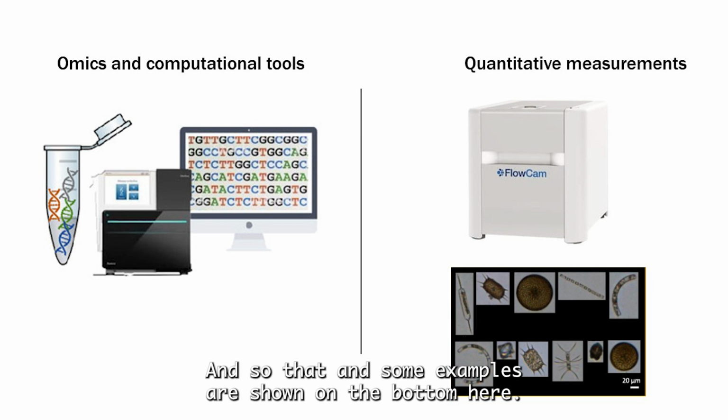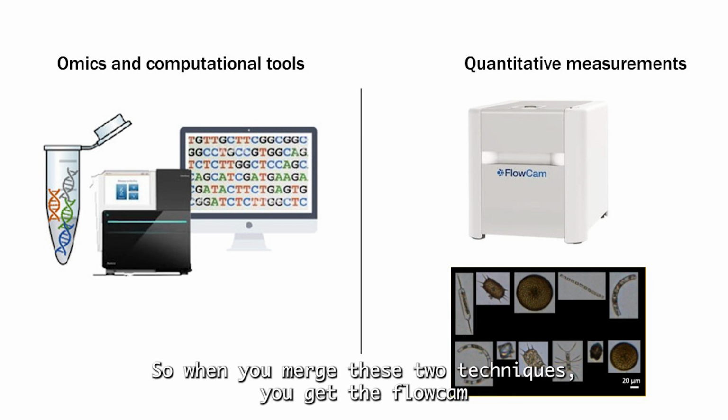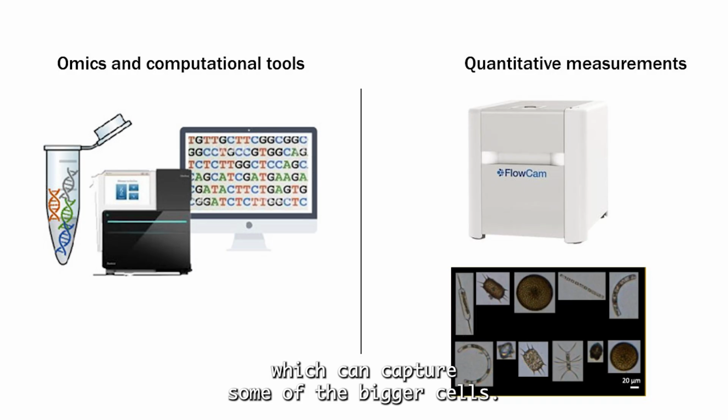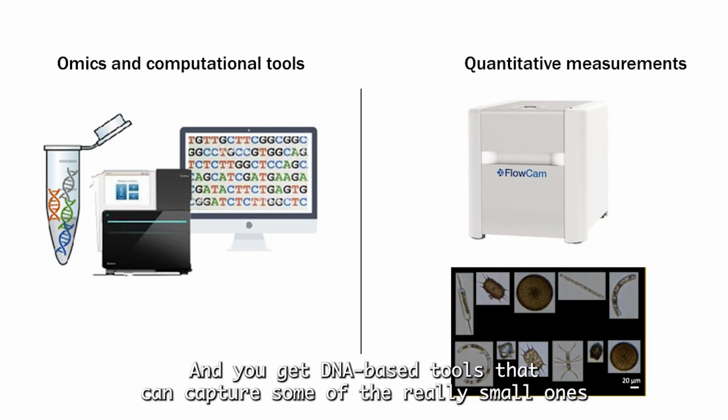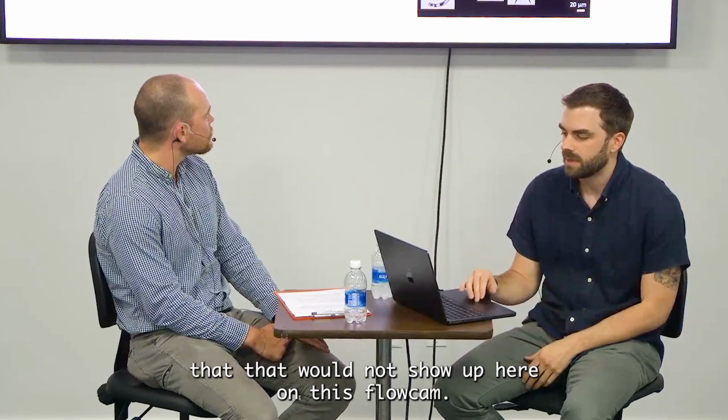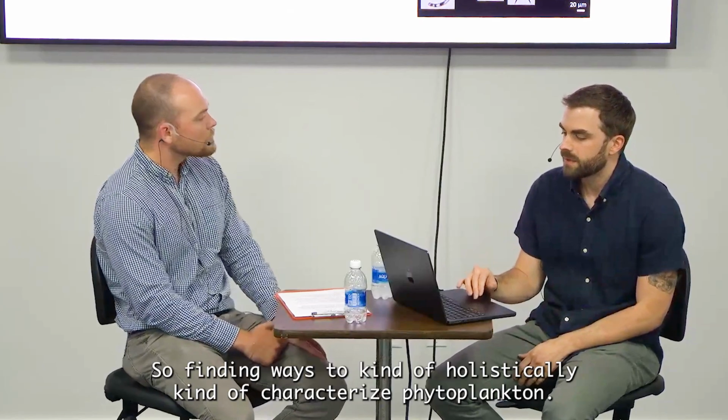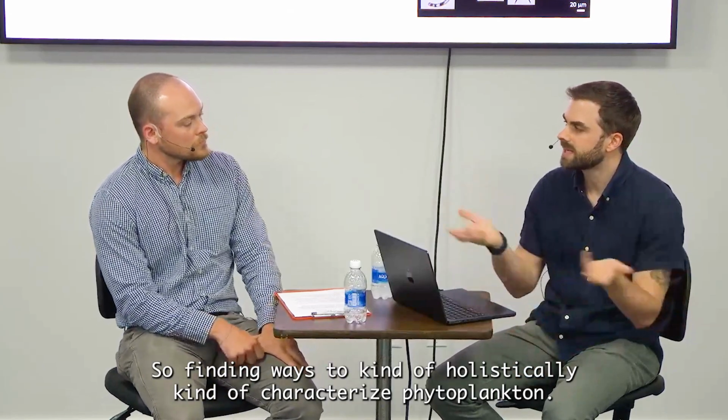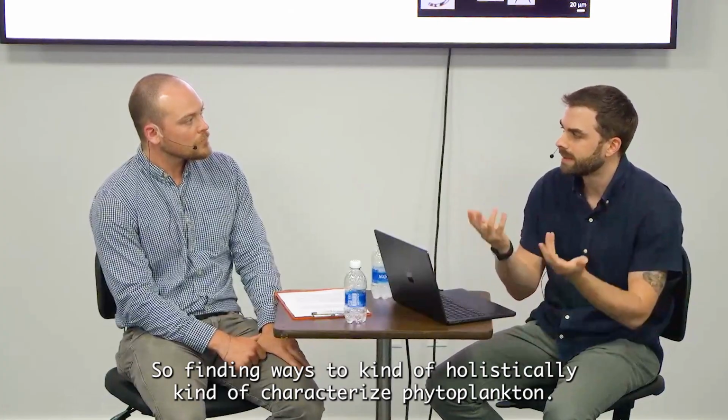Some examples are shown on the bottom here. When you merge these two techniques, the FlowCam can capture some of the bigger cells, and DNA-based tools can capture some of the really small ones that would not show up on the FlowCam. So we're finding ways to holistically characterize phytoplankton.